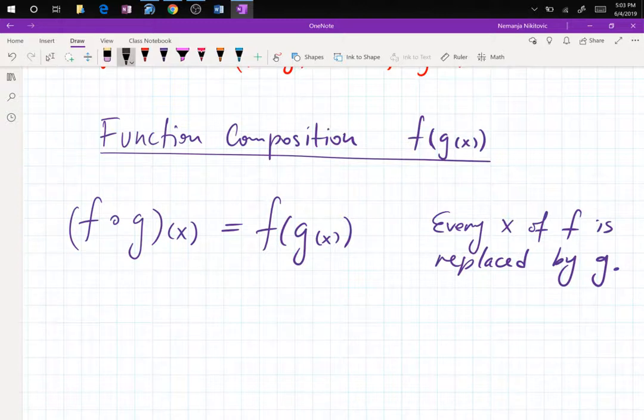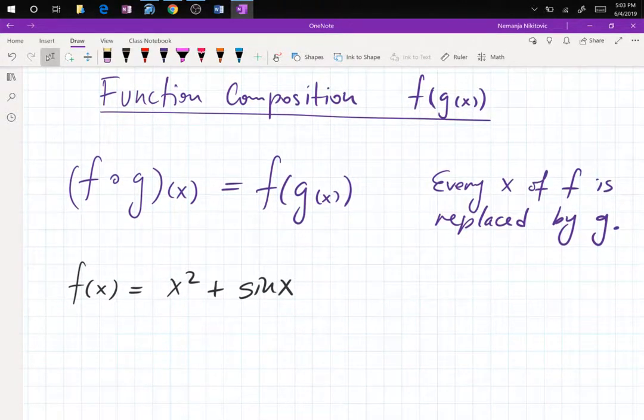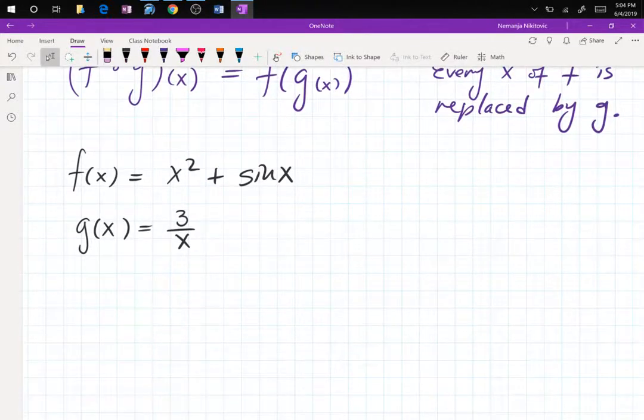So now, if I have f of x to be x squared plus sine x, and then I say that g of x is 3 over x, I can use these two functions to create a composite function, f of g of x, and I can also compose the other way, which would be g of f of x.